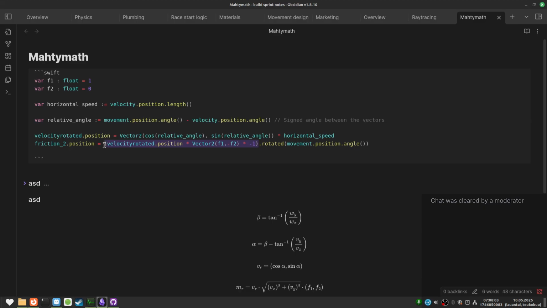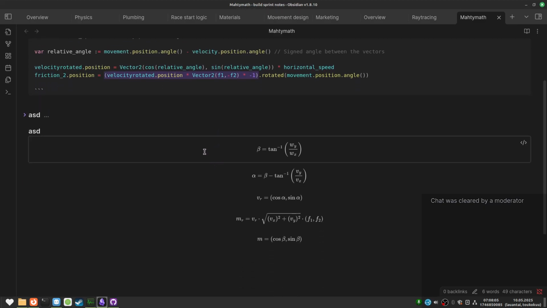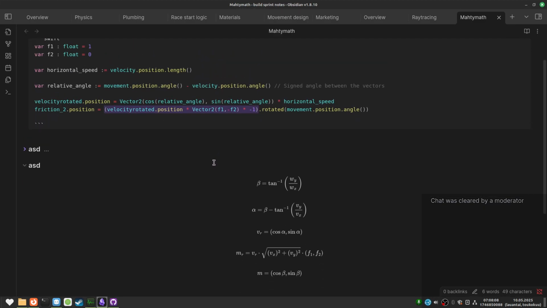So right now I'm putting this as MR. This is MR. This is MR. Now we need to rotate MR. And here I rotated.